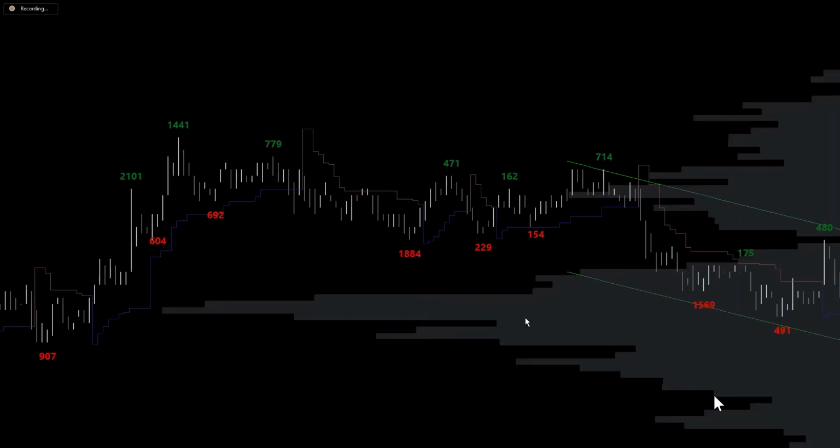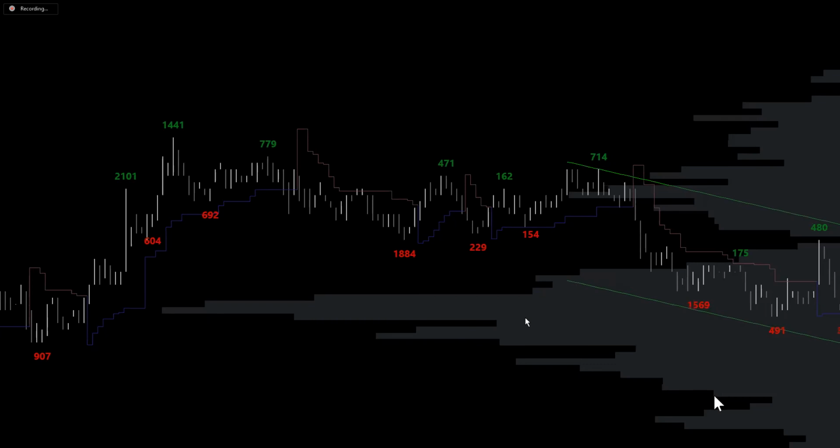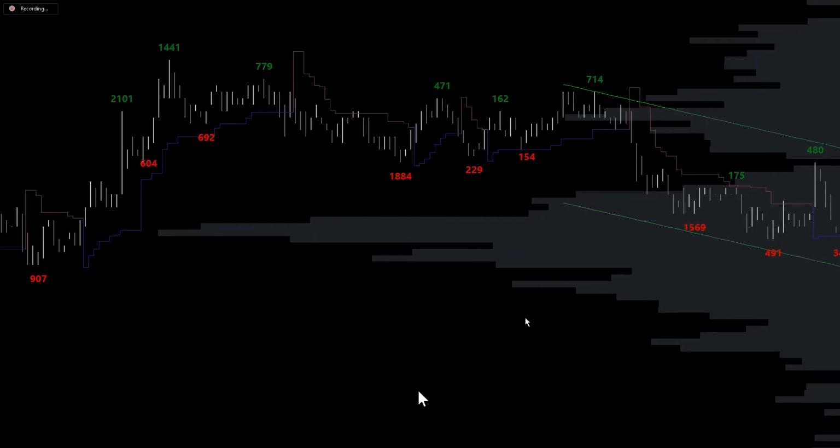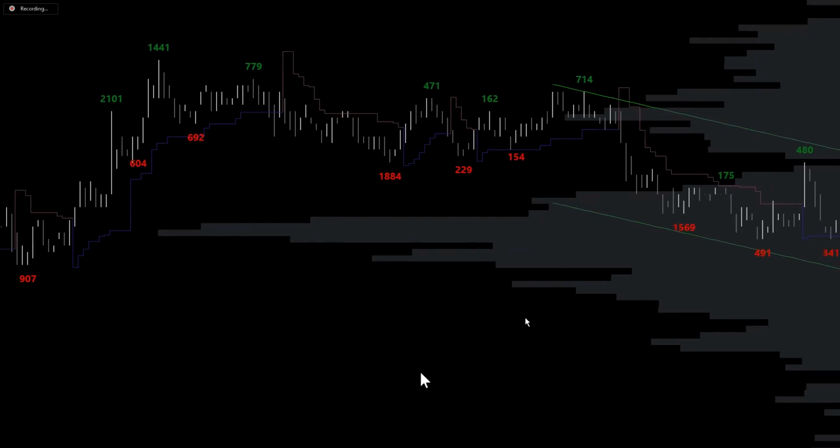What is this? This is a 20-second chart. It just shows you the very rapid auction that's happening in a smaller time frame. And these 714, the 154s, it's the volume. At that point we were going up with higher volume, and the swings lower were with lower volume.